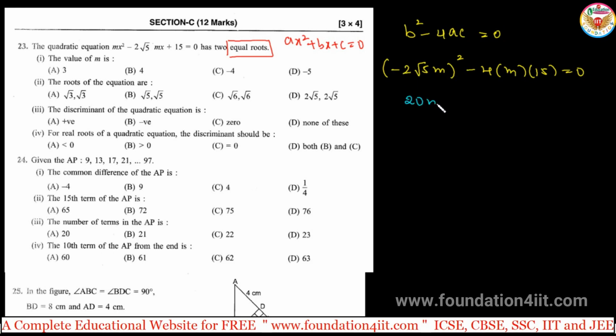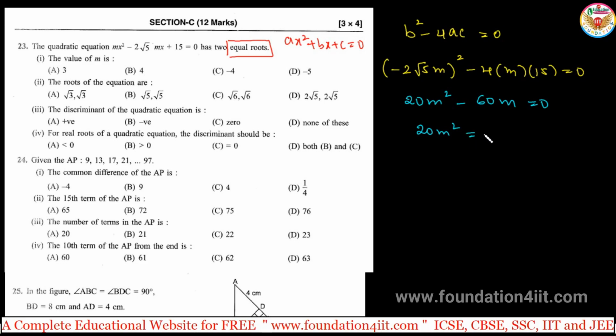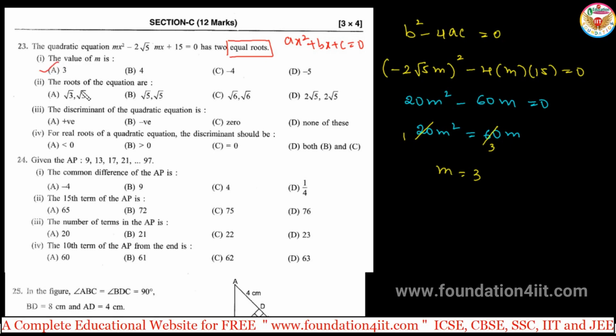So 20m square minus 60m is equal to 0. Then 20m square is equal to 60m, one m cancels, 20 times 3 is 60, then m is equal to 3. The m value, just cancel it.